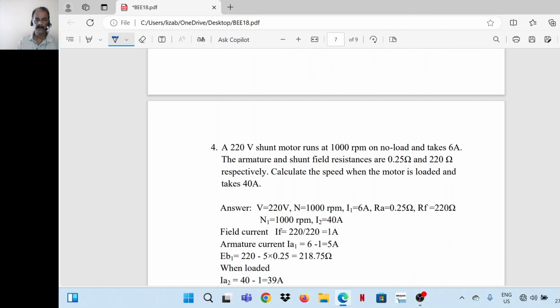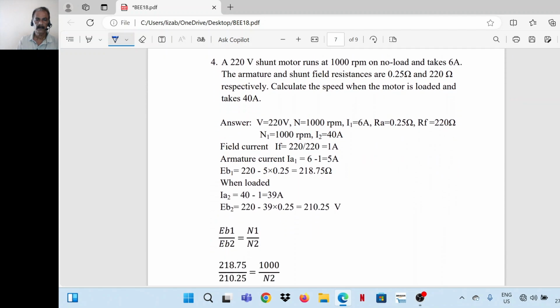Now next is a 220 volt shunt motor runs at 1000 RPM. V is equal to 220 volts, speed is 1000 RPM on no load and takes 6 ampere. No load current is 6 ampere. The armature and shunt field resistances are 0.25 and 220 ohms.